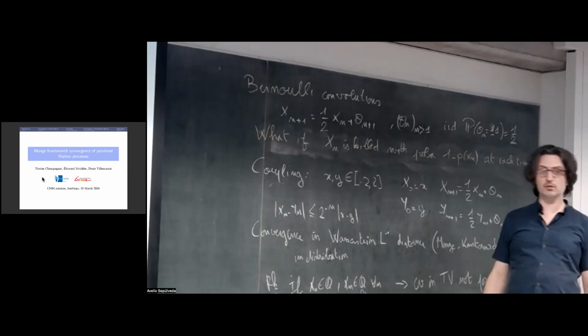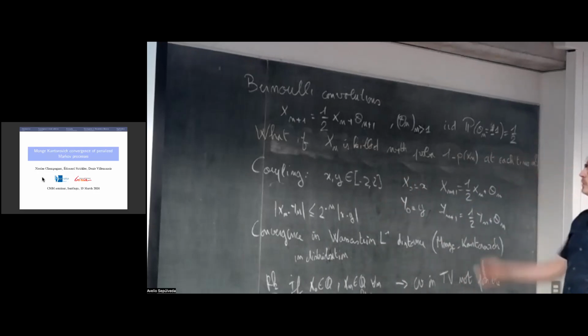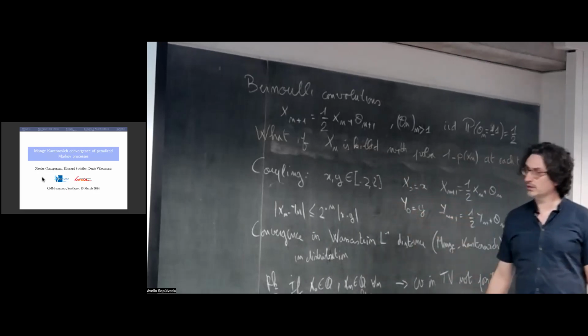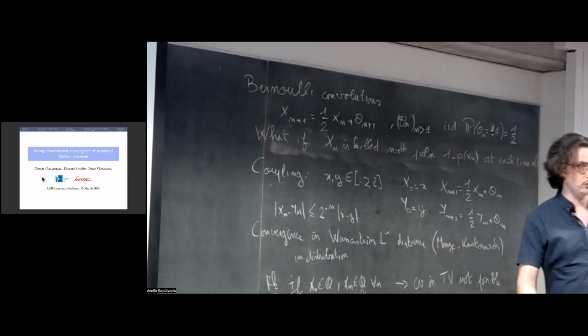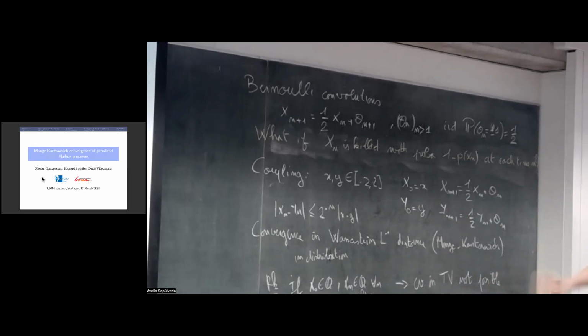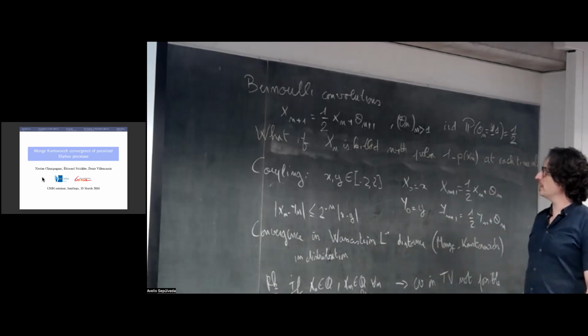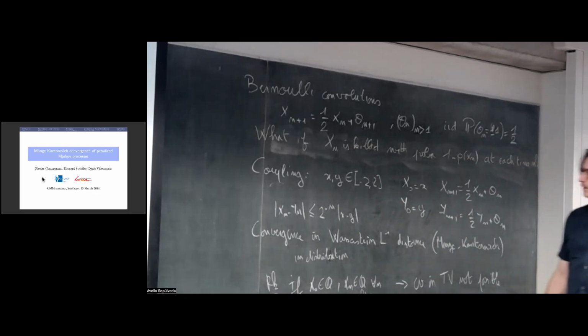So the difficulty is that the coupling that is constructed here is for the unkilled process, actually. Okay, so this is one motivation. And of course, just like here, you cannot expect to have convergence to the quasi-stationary distribution in total variation. So instead, I'm going to consider convergence in Wasserstein L1 distance. Okay, so this is my first example.